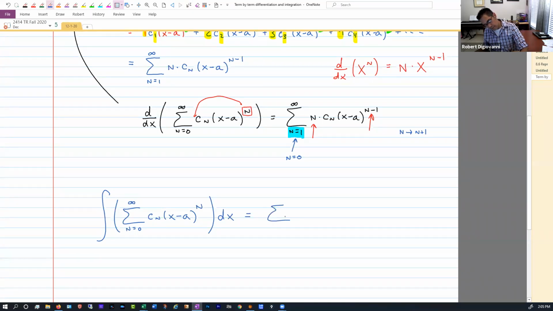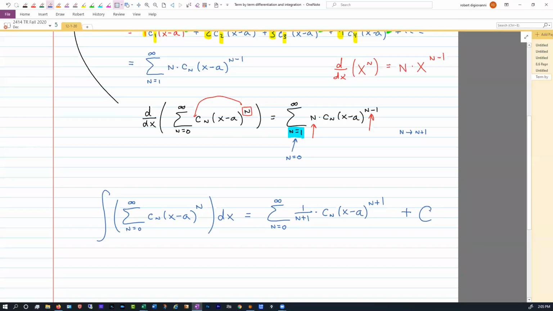It's the sum. This time the index doesn't change. It's still 0. And then it's going to be 1 over n plus 1 times c sub n times x minus a to the n plus 1. Do y'all see that that's just the power rule that we have for integration? Same rule. You do 1 over n plus 1, the power to the n plus 1. Now we have to do plus c, because if you do an antiderivative, you'll have a constant.